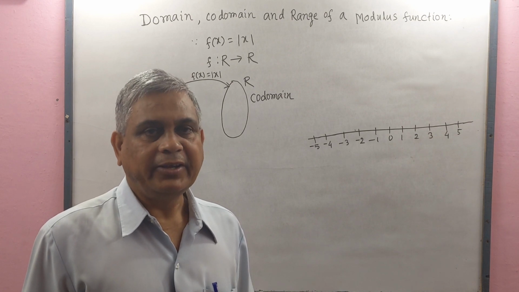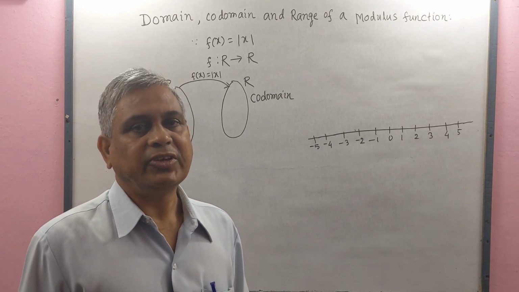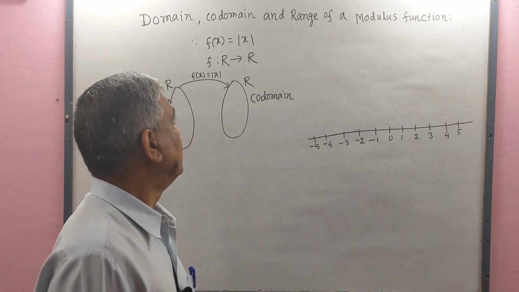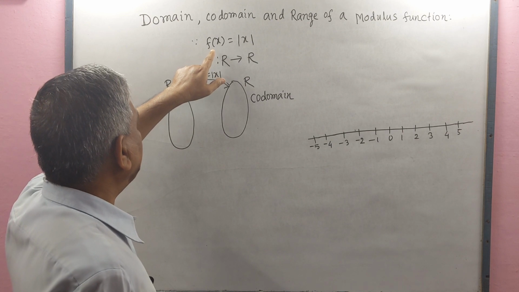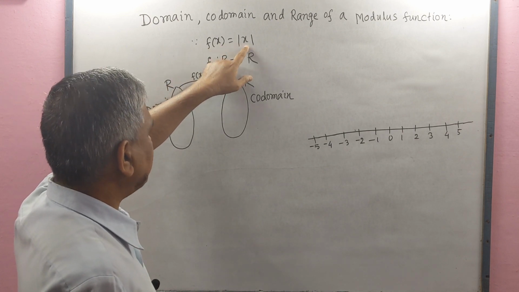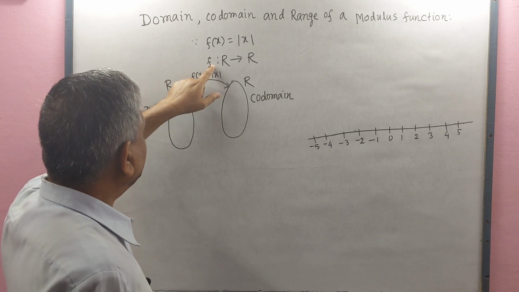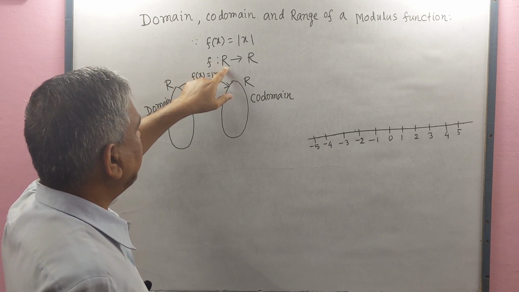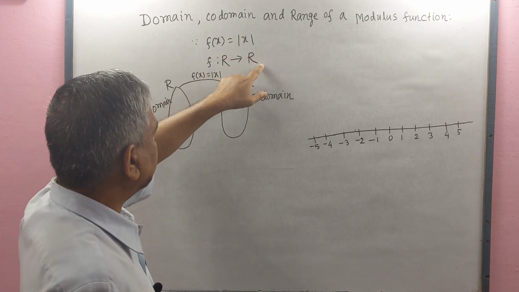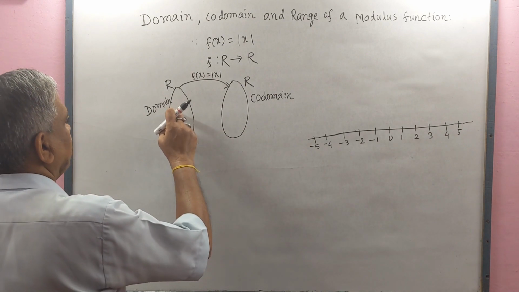Now we find the domain, codomain and range of a modulus function. Let f be the modulus function, f(x) equal to modulus of x. f is defined from the set of real numbers into the set of real numbers. So the set of real numbers is the domain.